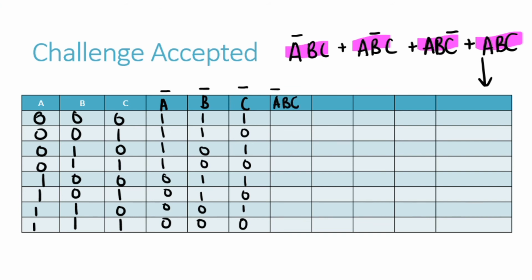We're going to look to here, here, here. Be lazy. The only way you're going to return a 1 in this gate is if all the inputs are 1. The only place that happens is right here. The rest of the outputs will be 0.